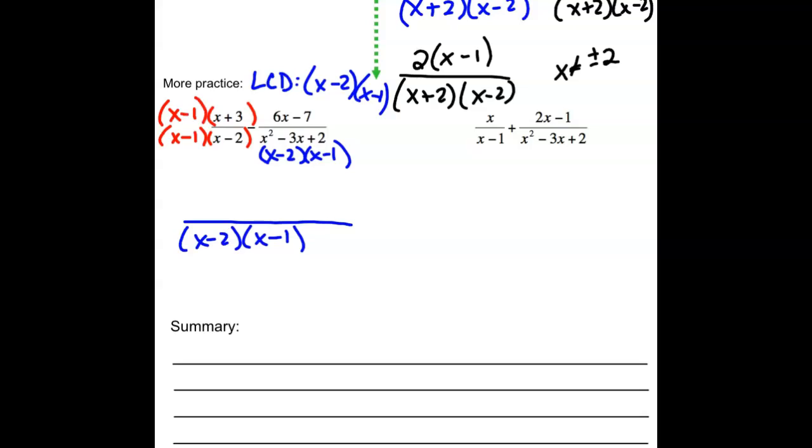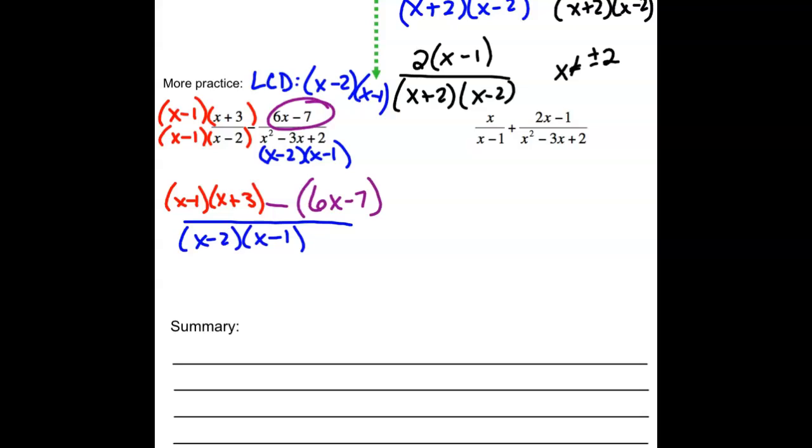Okay? Now, for this particular question, we have an x minus 1 that has to get multiplied to an x plus 3. We're going to have to FOIL that out. And notice that we are subtracting this whole piece, this whole 6x minus 7. And that's a place where a lot of mistakes typically happen with that subtraction step.